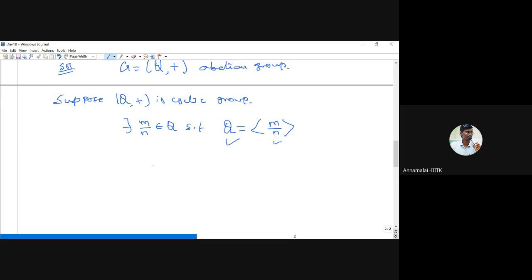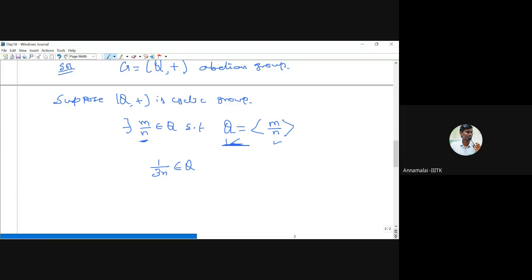In particular, I am taking 1 by 3n, where n is a natural number, since in m by n, n should be non-zero. So 1 by 3n is also a rational number. Now, we assumed that Q is a cyclic group. That means every element of Q is an integer multiple of m by n.